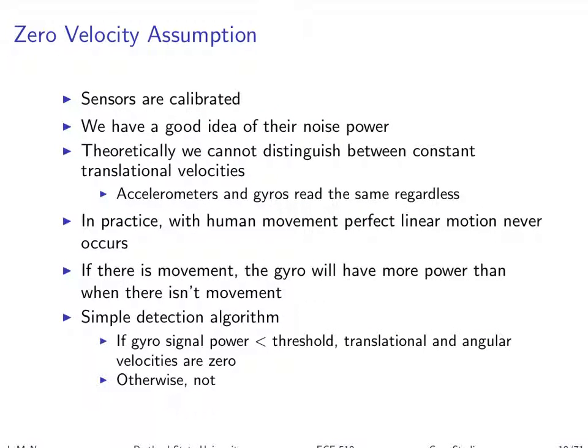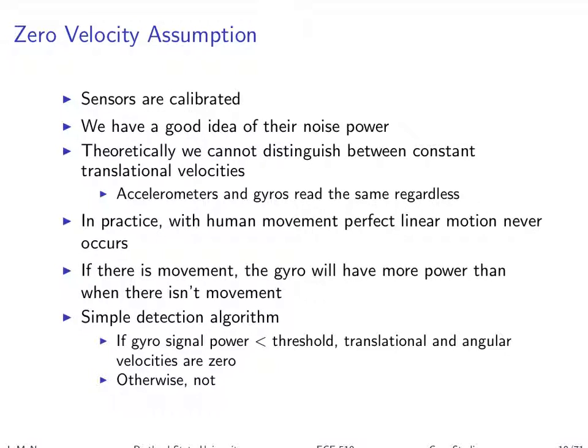The sensors are calibrated, and I've got a good idea of what the noise power is on them. I mean, these sensors are well characterized. But theoretically, to get at some of the other prior knowledge I'm going to bring to bear and how I incorporate that into the design, with IMUs, you can't distinguish between something at a constant translational velocity and something that is perfectly still.